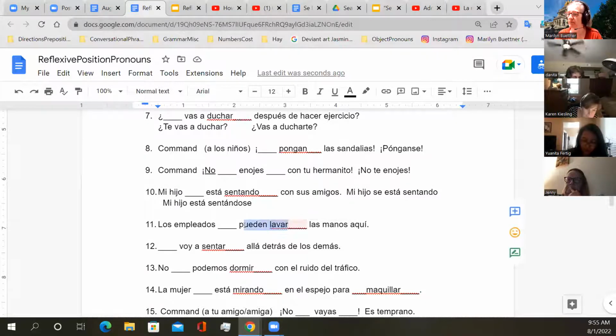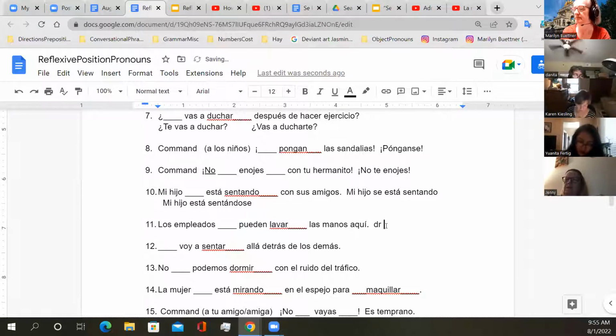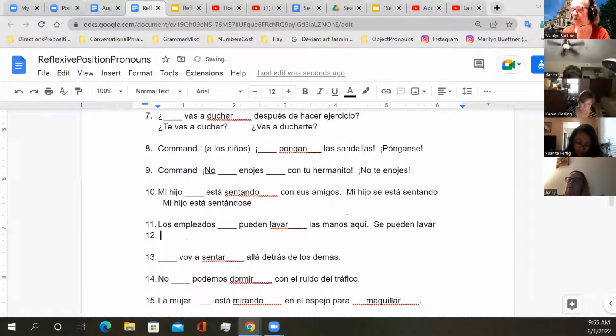I've got two verbs walking together again here, verb plus infinitive. The employees can wash their hands here. The employees can wash. Pueden lavar. Pueden lavarse o se pueden lavar. Sí, se pueden lavar. Correcto.